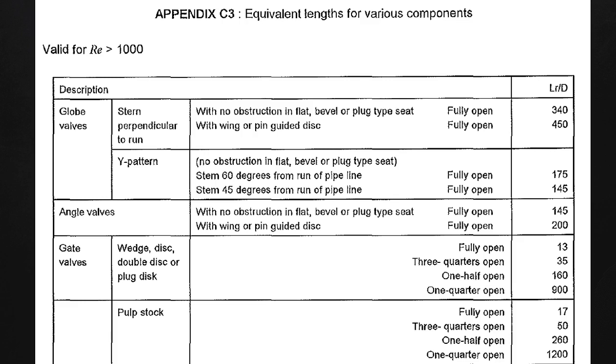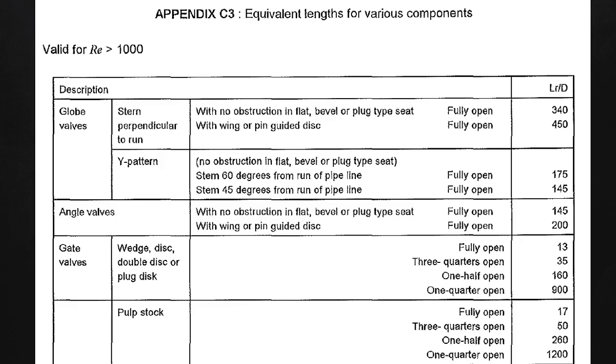So in other words, valves fitted into a pipeline of a diameter of 1 would have an equivalent length, like an apparent length increase.